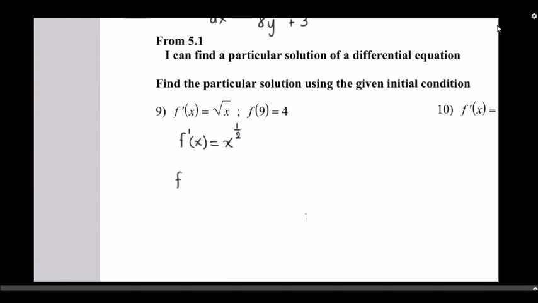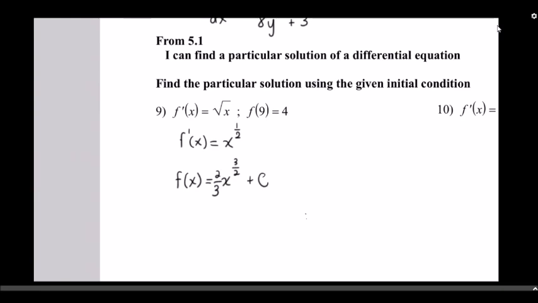So f of x is x to the 3/2, and then you would divide by 3/2, but rather than dividing by 3/2, it's a little easier to multiply by 2/3, and then, like I said, initially we're going to have this plus c, but we need to actually find the value of that c using these values here.